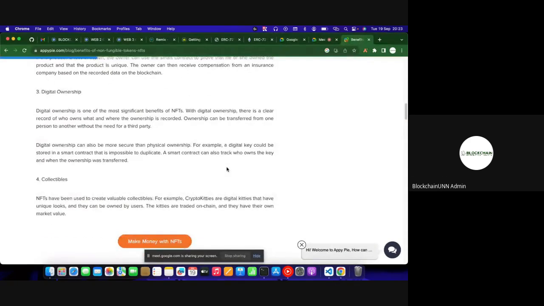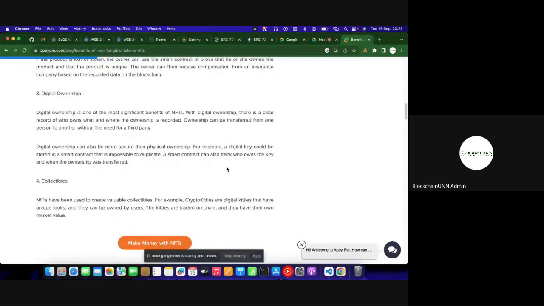Something I want us to also touch on is the benefit of digital ownership. NFTs have provided creators with something they have battled with for so long, and that's the ability to have imprints of your work in the virtual world, to have digital ownership of your work.